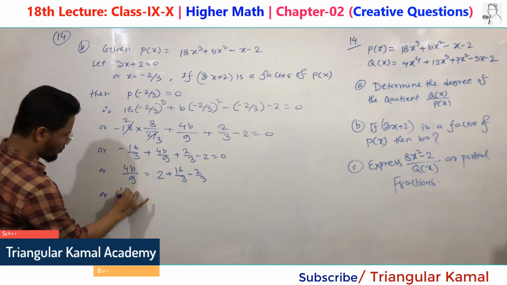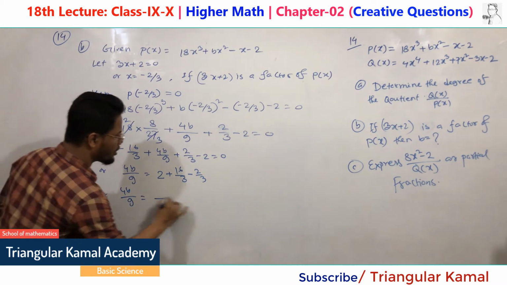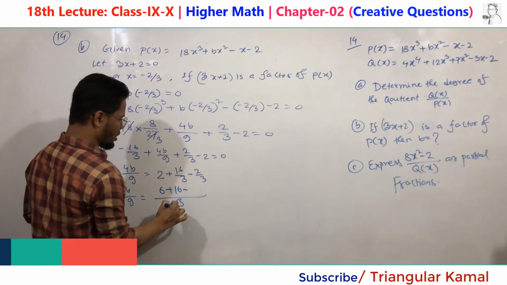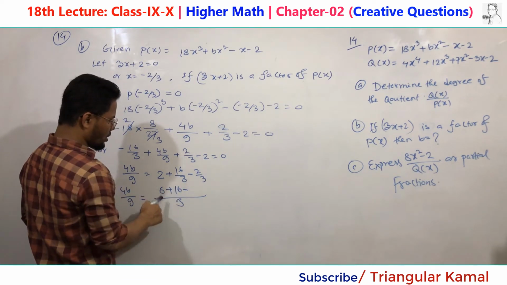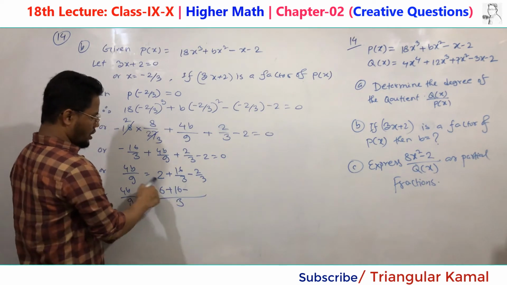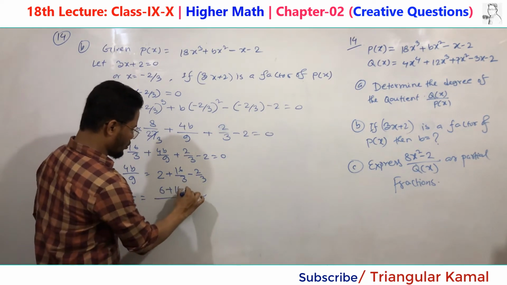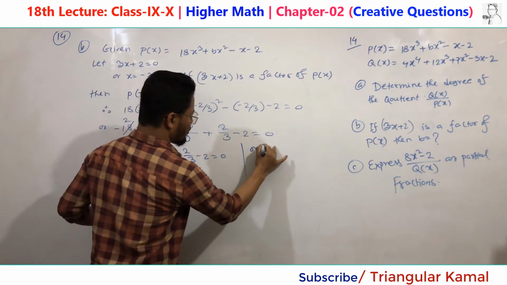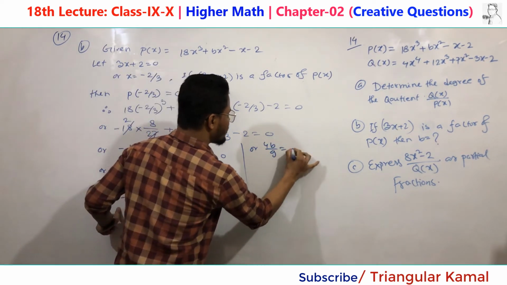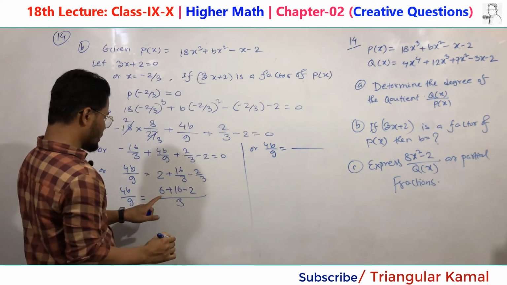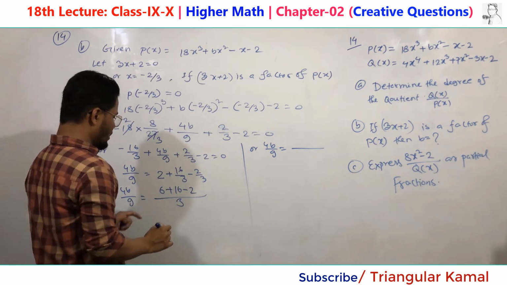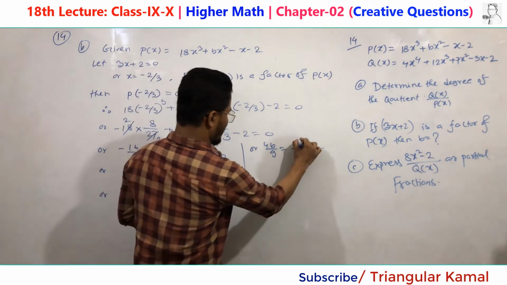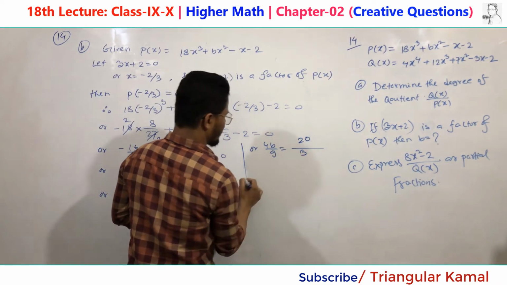So now 4b divided by 9, with LCM 3, equals 6 plus 16 minus 2 over 3. Simple calculation here: 4b divided by 9 equals 20 divided by 3.